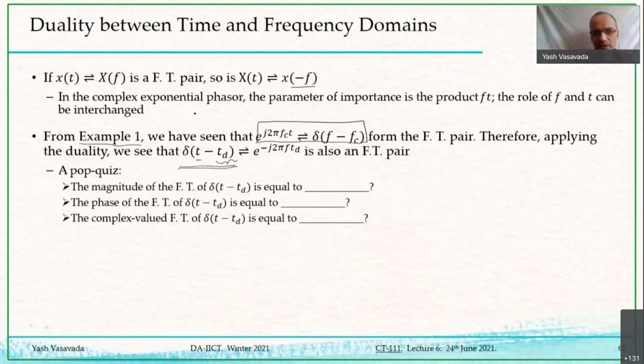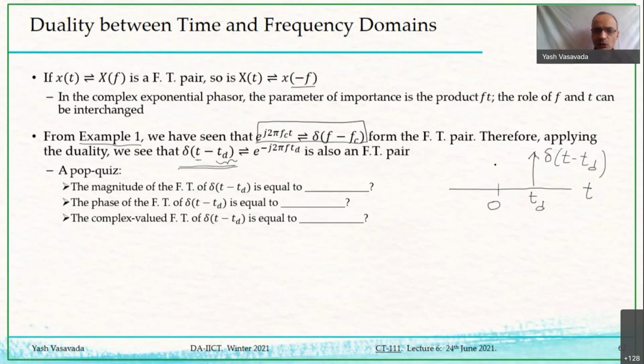Who can tell me where this impulse is located in time domain? Coordinate t d. Yes, Kandharp. So it is in the time domain. If I draw it as a function of time t, this is 0. This is located at some t d seconds.